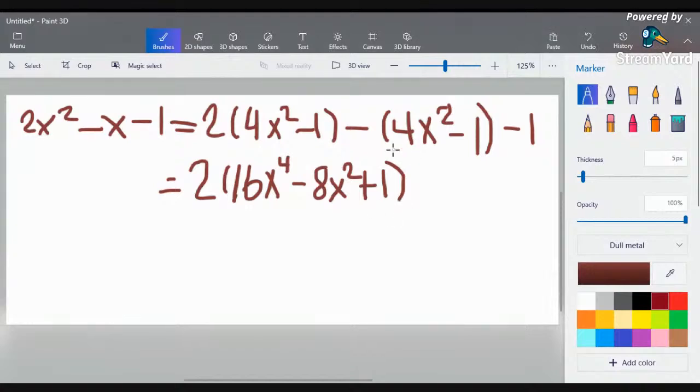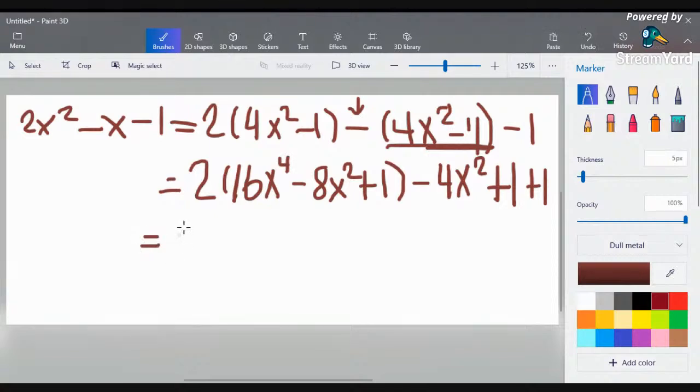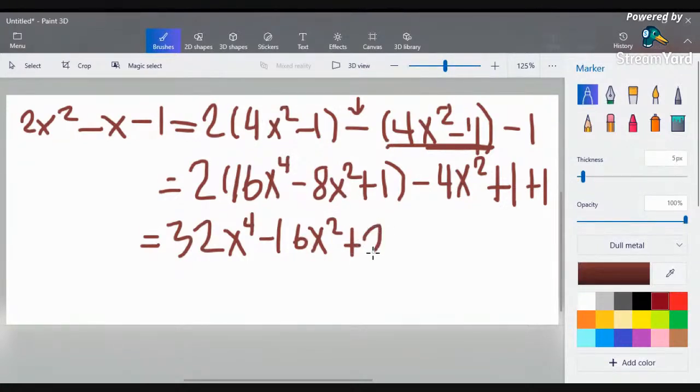Okay. Then you have to change the sign of this because we are referring to subtraction. So minus 4x squared plus 1. Okay, this plus 1 and plus 1. Okay, so we can have 2 times 16, we have 32x to the fourth. 2 times negative 8 is negative 16x squared. 2 times 1 is 2.